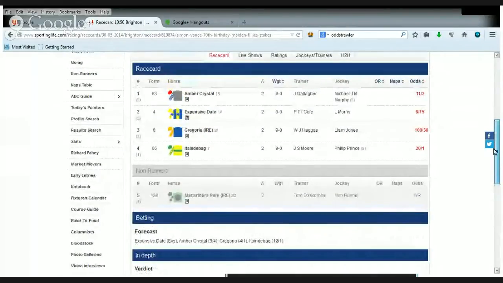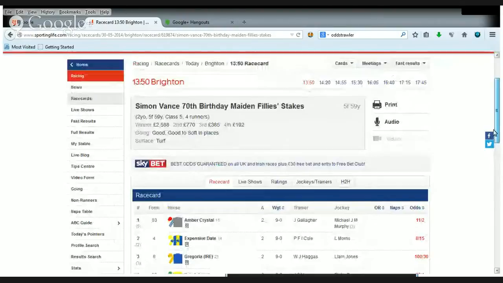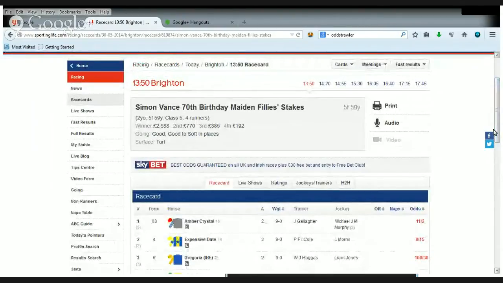But anyway, what we do here is a non-runner. I'm looking at my paper now, and at the bottom of the paper it will show the horses. We are picking 1:50 Brighton. There's a bit of rustling here. It's okay.